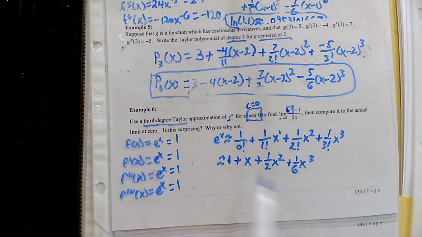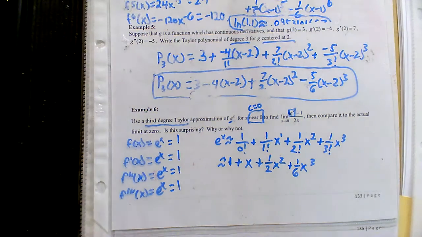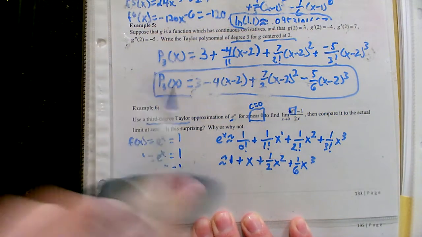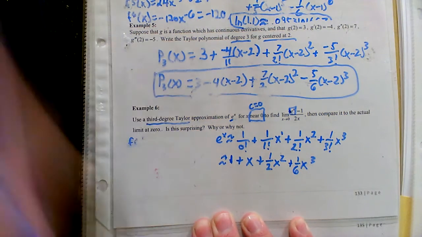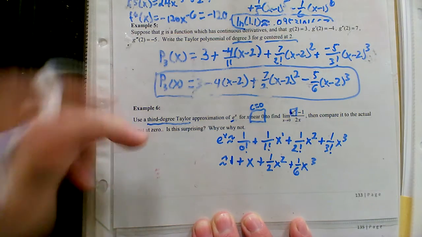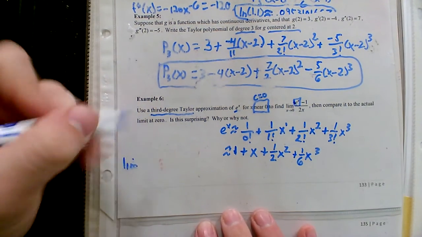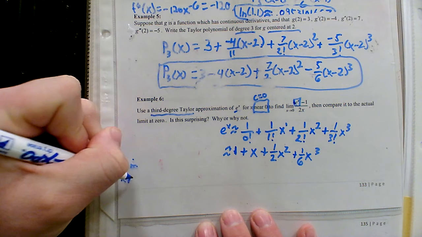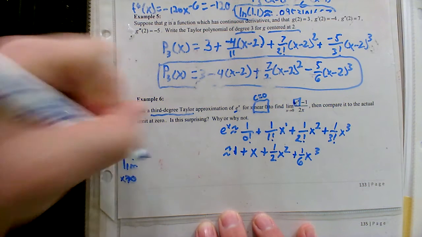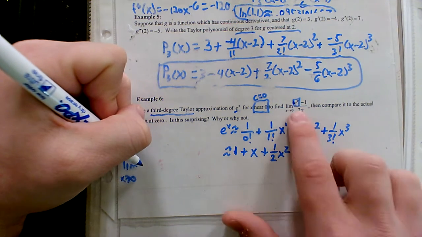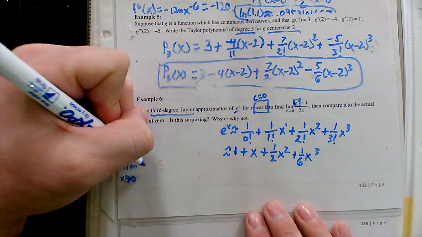So now they want us to use this approximation to help us find the limit. So I think I'm going to need some room, so I'm going to erase a little bit. I'm going to erase these derivatives over here. So the limit as x goes to 0, and instead of writing e to the x, we're filling in our approximation.